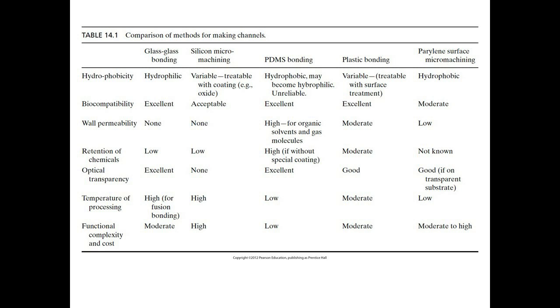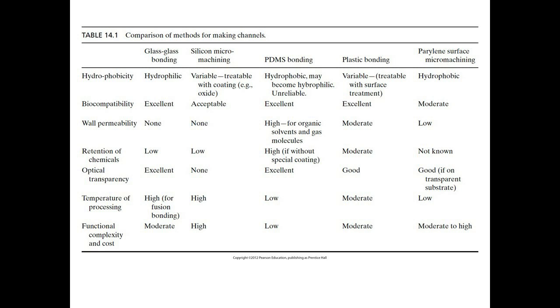On the other side are the materials that you are going to use, whether it's glass, silicon, PDMS, plastics, or parylene. So it shows you the quality of all of these materials.